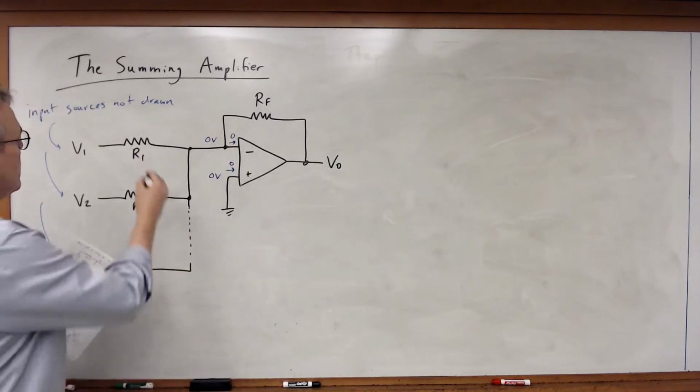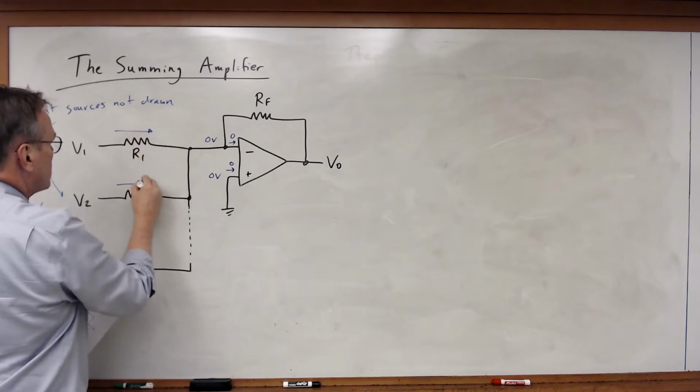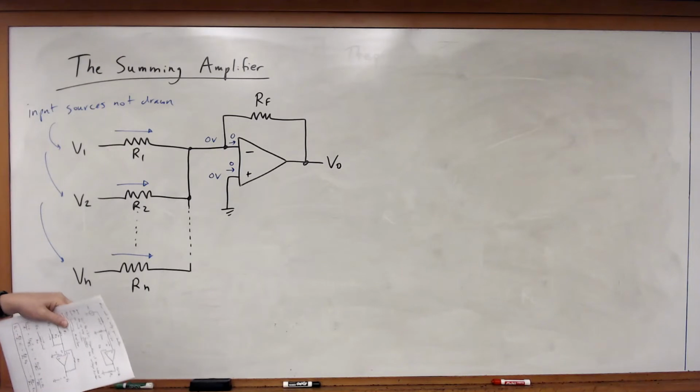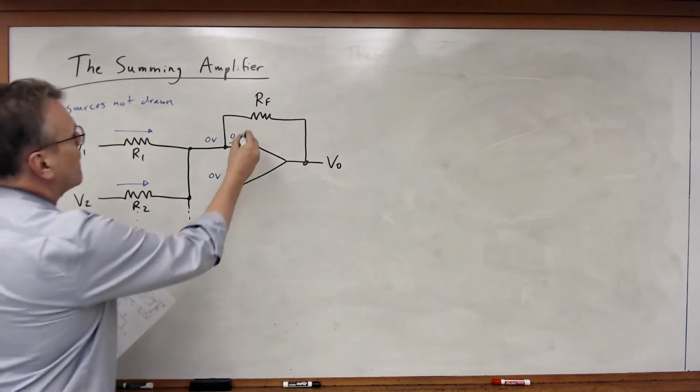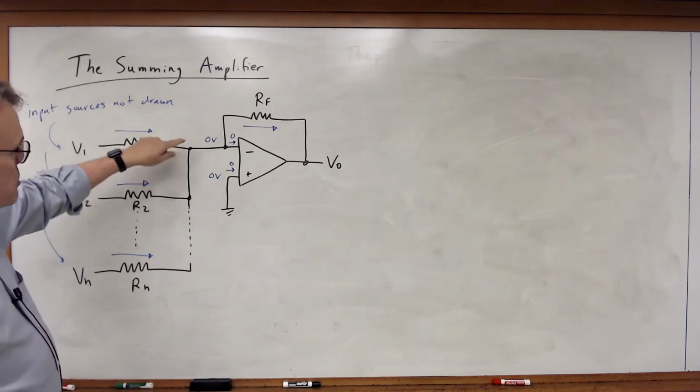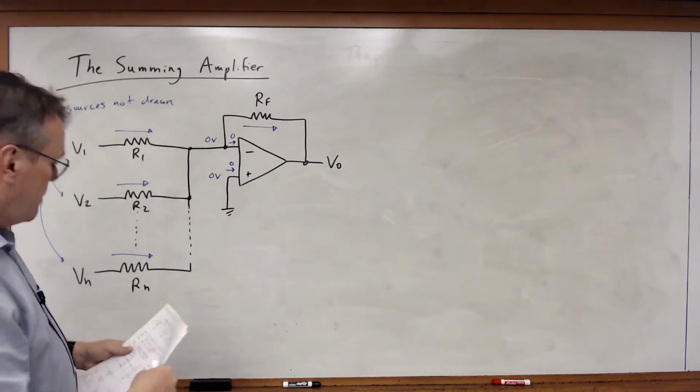And now let's pick some current directions through these n input resistors. Really, the only place I can write a KCL equation is here at the inverting input node.